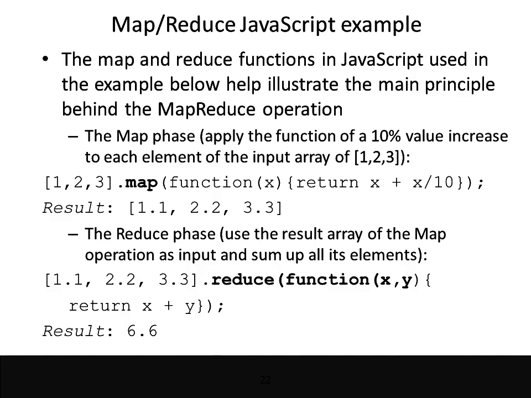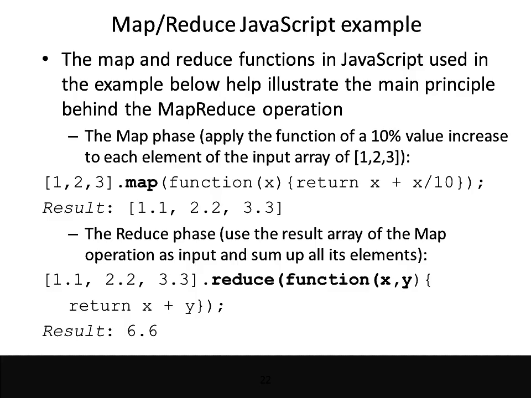And without going into the details of how this is actually implemented, we can illustrate a little more precisely what a map function and a reduce function are. What's happening in the first step, the map step, is we have this input, which is an array of numbers, 1, 2, 3. And those numbers are being mapped to an operation.